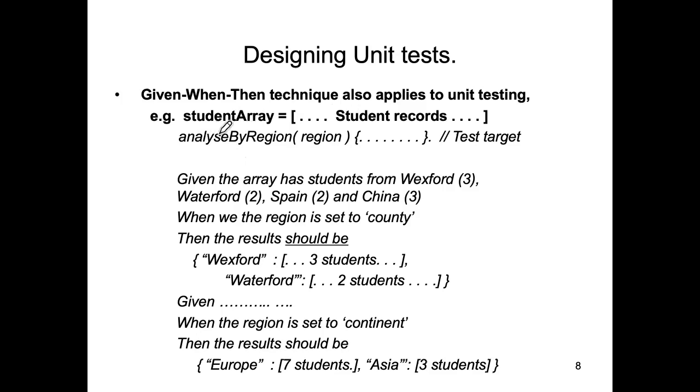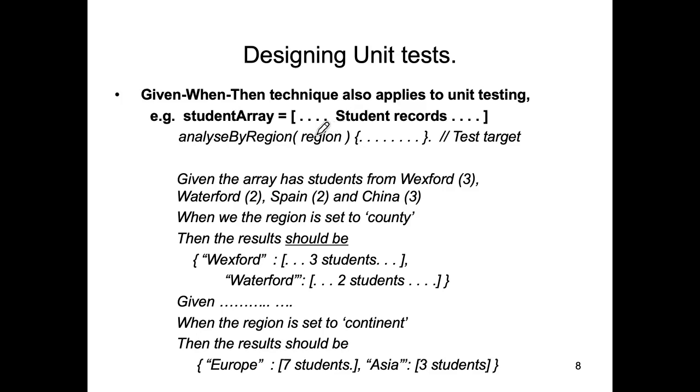Let's say the purpose of this function is that it's meant to go through all of the records in this array and tell us something about the number of students in each category. The category is determined by a region parameter that I pass to this function, and the region parameter can have two values: county or continent.